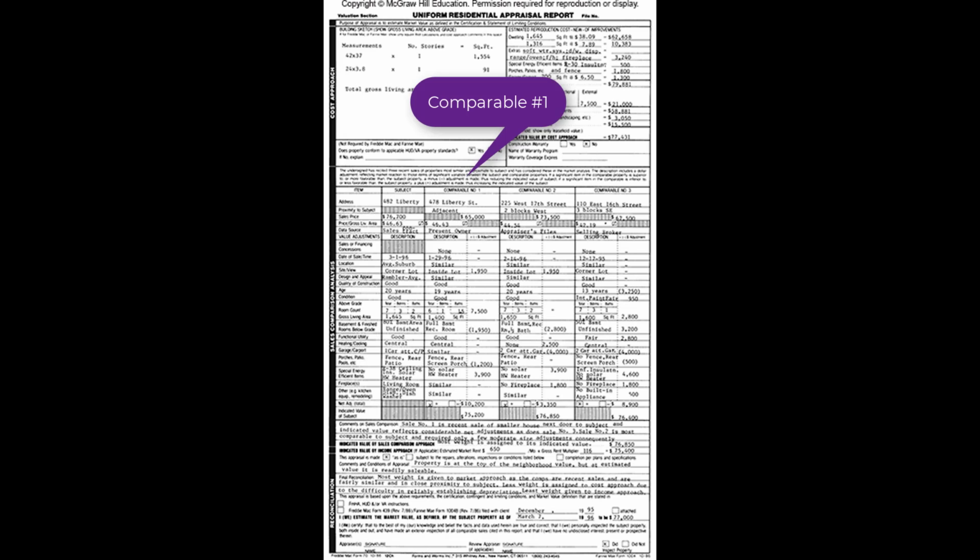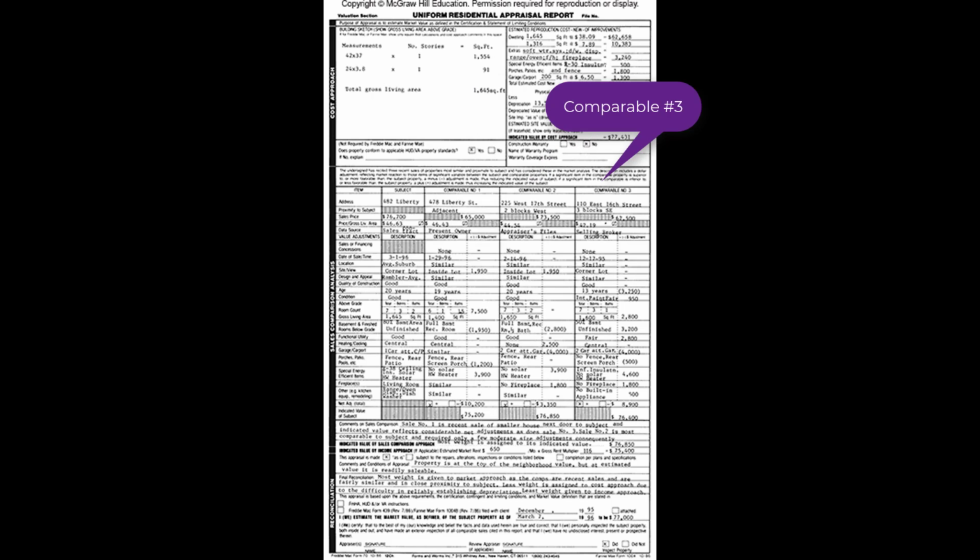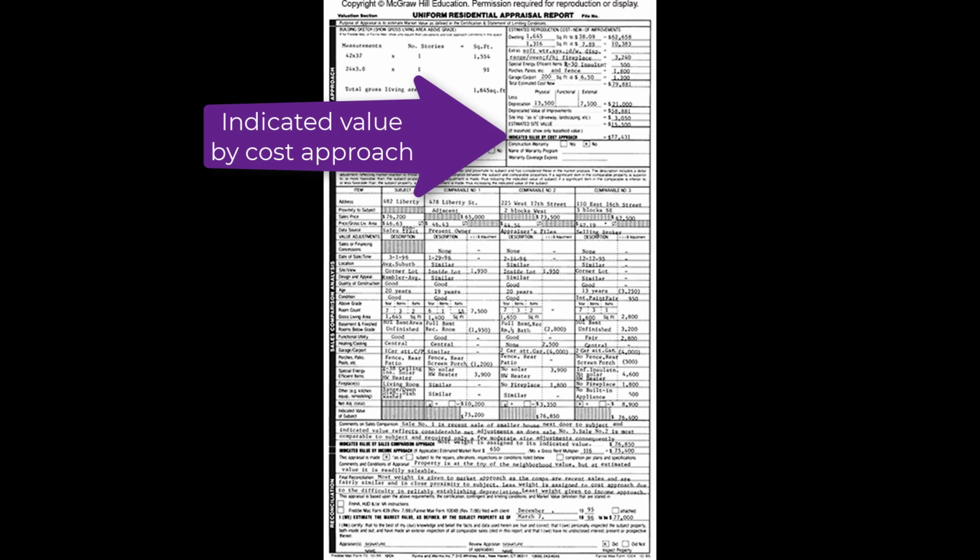Those include the sales comparison approach, where you select properties in that same submarket or in close proximity to the property that you're trying to price, look at the values of those comparable properties, look at the differences between your property and those properties, and then estimate the value accordingly. The cost approach estimates the cost to reproduce the structure, and you don't factor in depreciation or anything, but then you add the value of the land to get to an overall value.